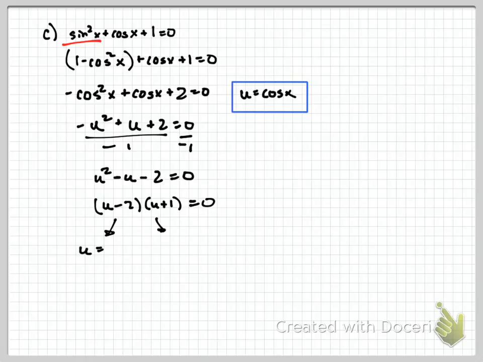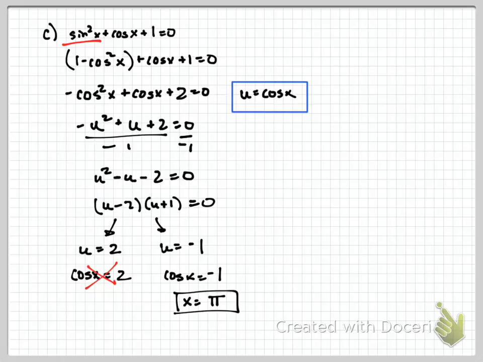So u will equal 2, u will equal negative 1. We're not solving for u, we're solving for cosine. So cosine is 2 and cosine is negative 1. This one doesn't work because it's bigger than 1. And for this guy, only one place where x is negative 1, that's at pi. That's C, and let's look at D.